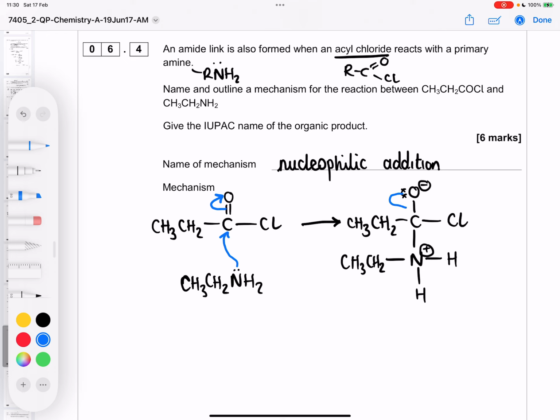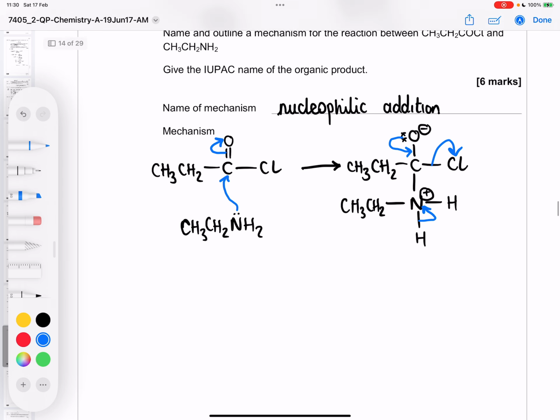We've got the 2 charges and then we're going to have the 3 curly arrows. So we're reforming the double bond, kicking out the chloride ion and kicking out a hydrogen ion. Now, because the chloride ion is negative, the curly arrow goes towards Cl, making it negative. And because the hydrogen ion is positive, the curly arrow goes from the bond away from the H towards the nitrogen to get rid of that plus charge.